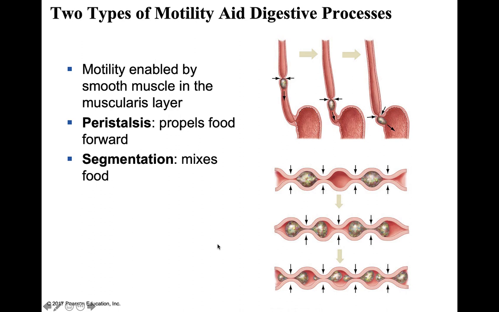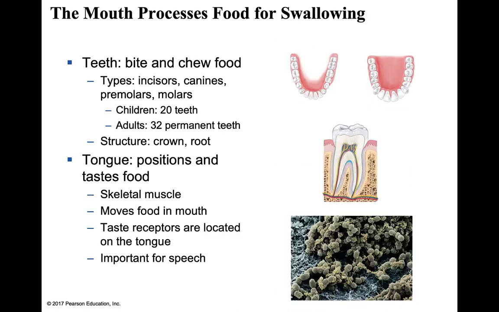So remember, there's a lot of fluids and secretions here, and mixing, just kind of imagine when you're mixing cookie dough or something like that, you're trying to basically get a good mixture and make sure that everything is kind of exposed and so on. So those are the two main motility movements that we see, peristalsis and segmentation.